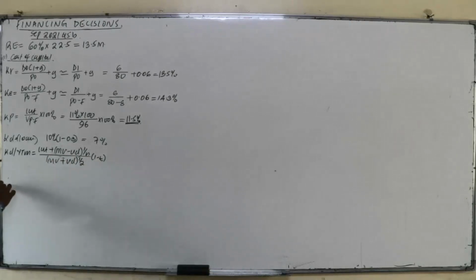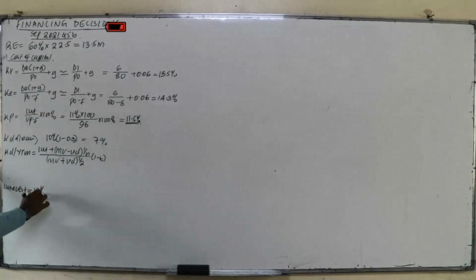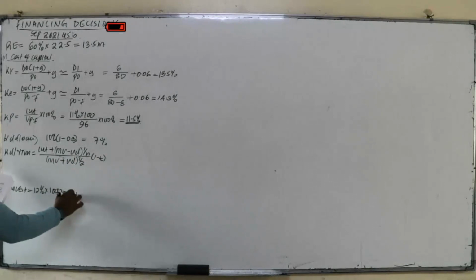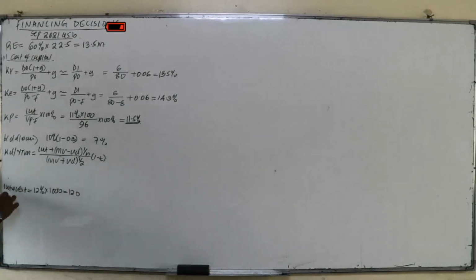And we have the interest. The coupon interest rate is 12% per annum, so we'll take 12% of the par value. The par value is 1,000 per bond, so we'll get 120. The maturity value is the same as par value, which we're given as 1,000.